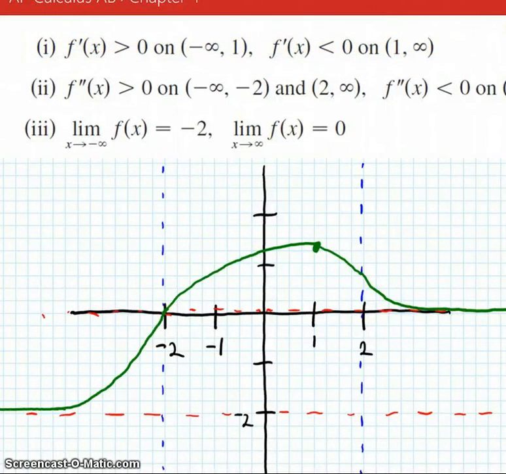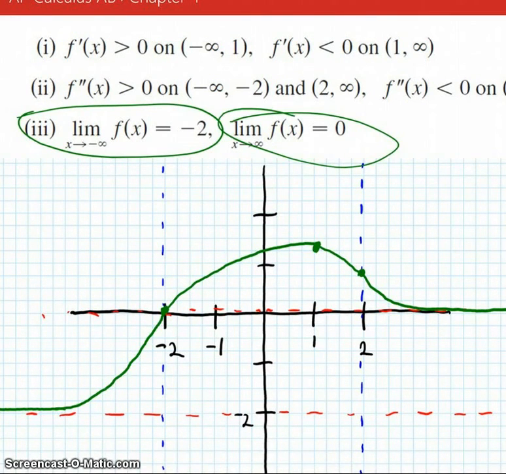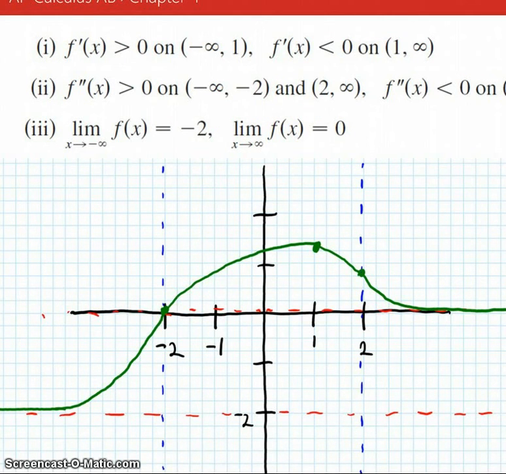And we can see our points of inflection here, where we switched from concave up to concave down, and then back from concave down to concave up. And we've satisfied both of our end behaviors. The negative end behavior was that it should approach negative 2, and for our positive end behavior, the function should approach 0. So there's one possible sketch.